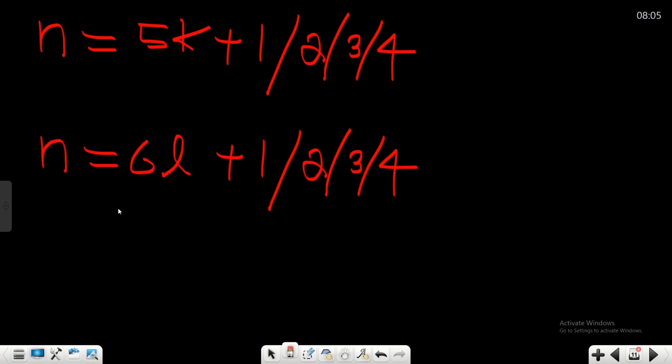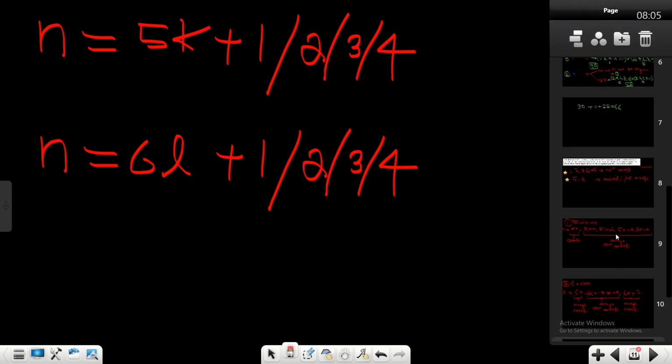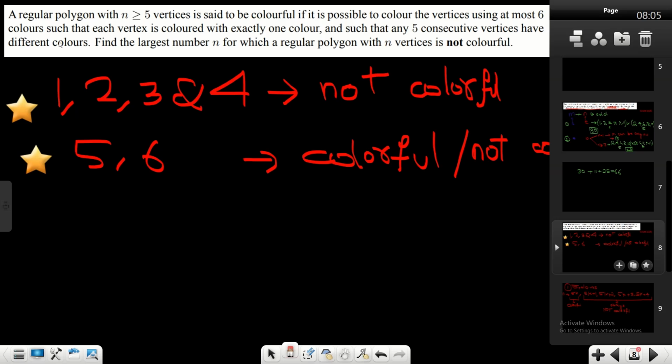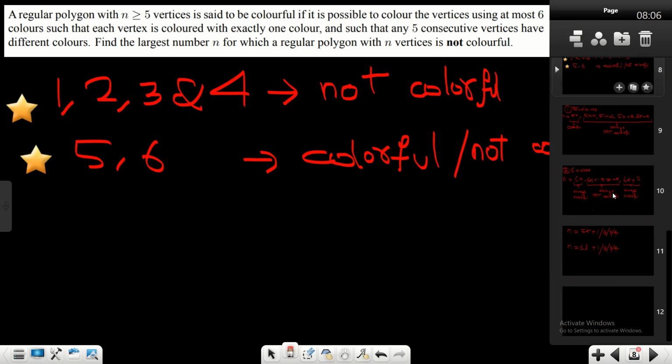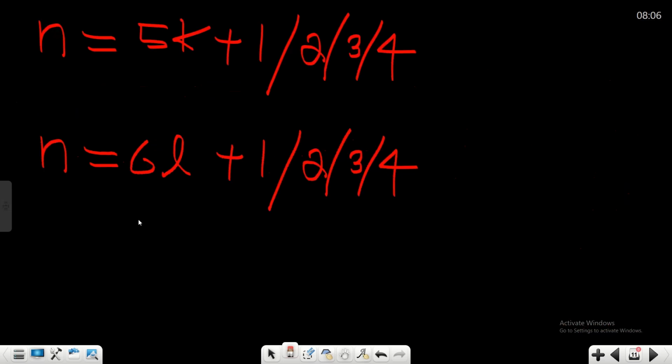Now the question is saying that you have to find the largest number n, which means you have to maximize n. Now if you want to maximize n, two options are possible: either take the 5k form and maximize the remainder and take the 6l form and minimize the remainder.